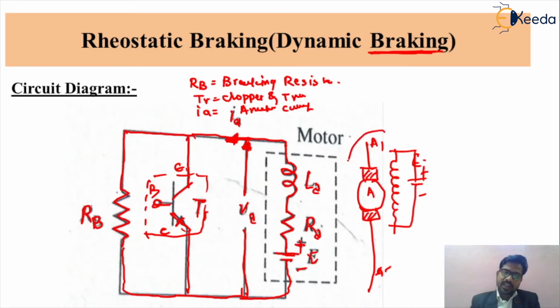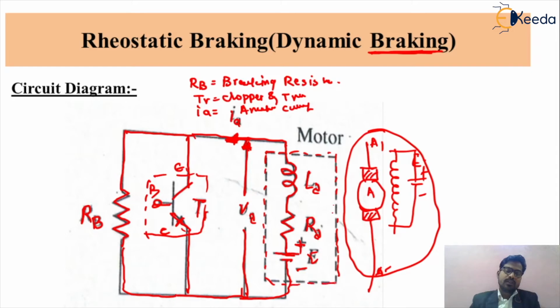So this circuit will be replaced by its basic elements, which is called the motor in dynamic braking. So these are the different terms used in rheostatic and dynamic braking.